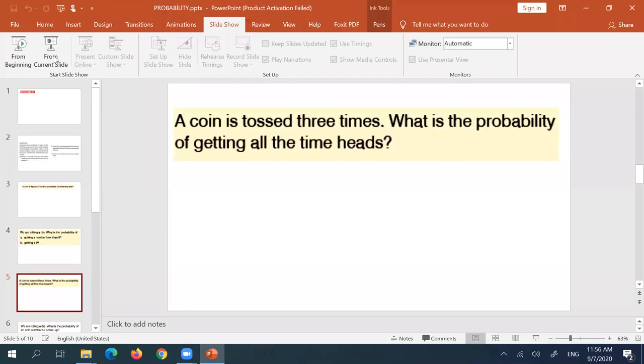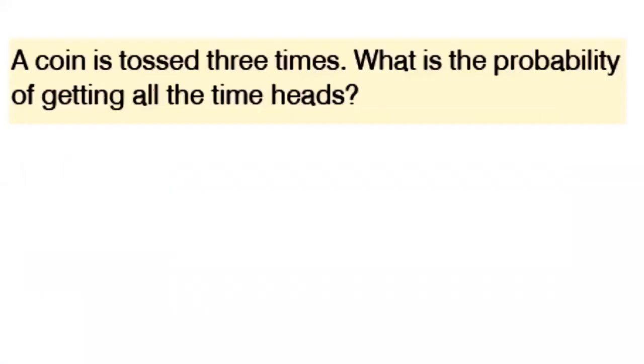All right, let's have a look at the next question. The next question says that a coin is tossed 3 times. What is the probability of getting heads all the time? If you are tossing 3 times, there will be 8 different ways indeed.